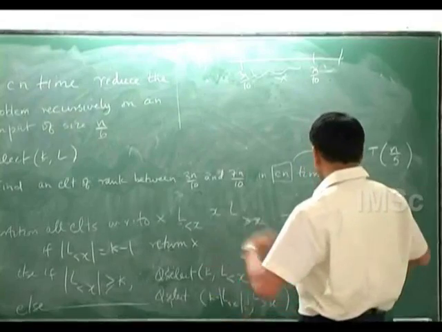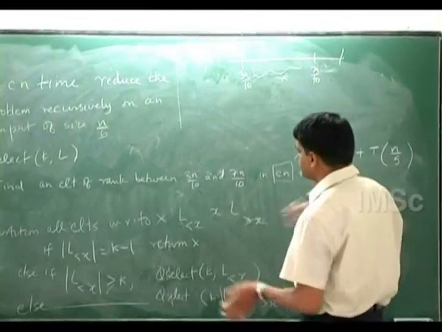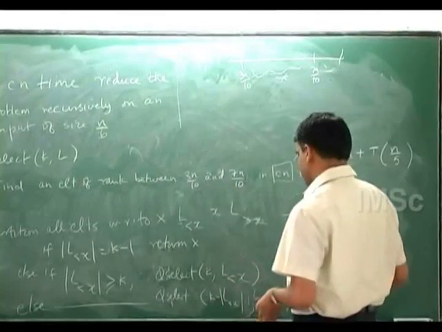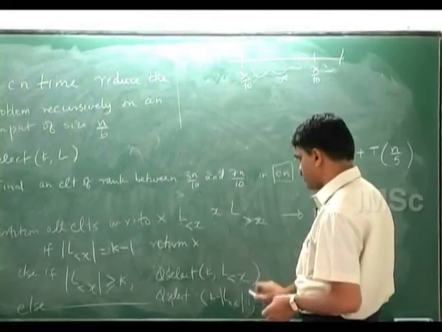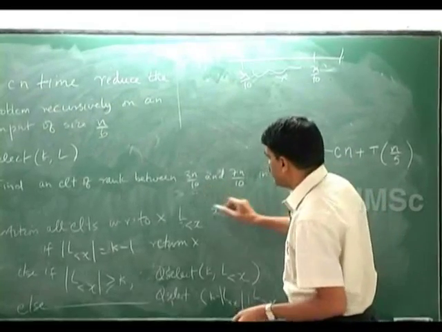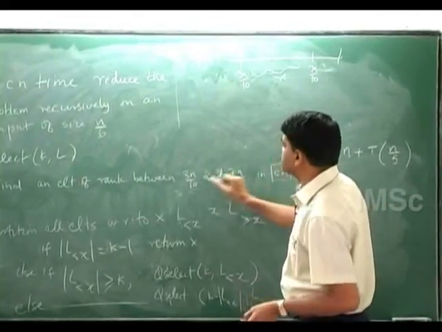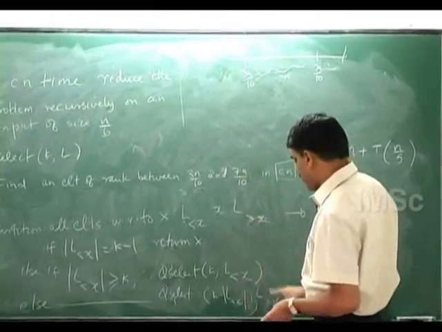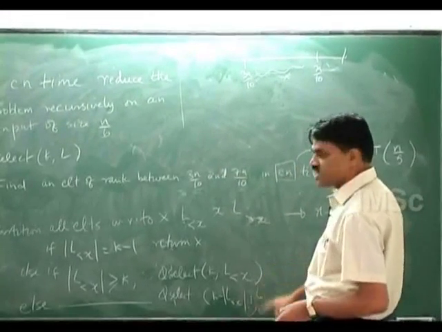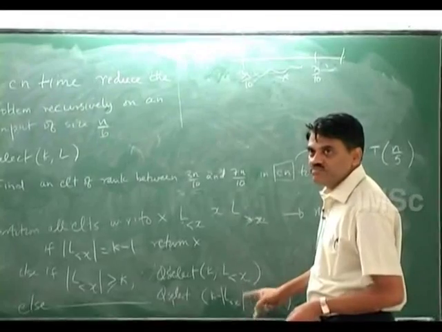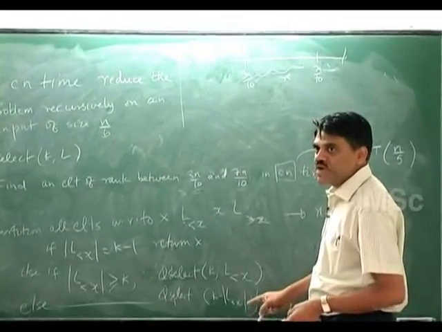And after doing this, it so happens, suppose that element I'm looking for is in this range, then what can you say about the maximum size of the portion where I am recursing? How much can that be maximum?